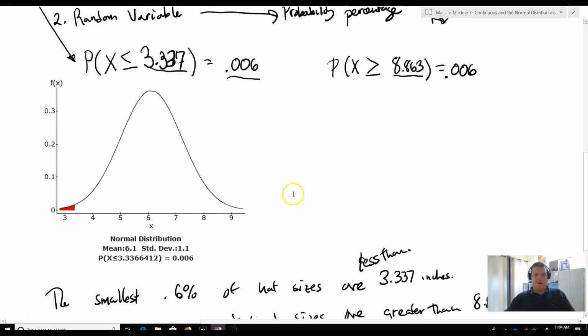The normal calculator is different this time because instead of putting in the value for the random variable, we put in the percentage written as a decimal, what we really call the probability. And that gives us head sizes. The other way around, when we put in the random variable, we get out probabilities. When we put in probabilities, we get values for the random variable. Okay, I hope that helps.